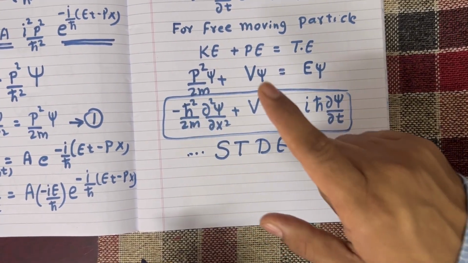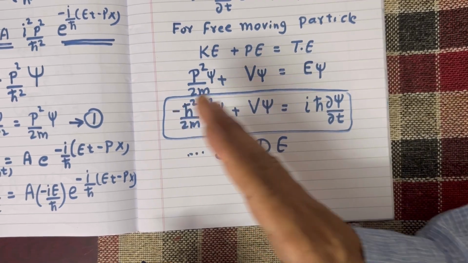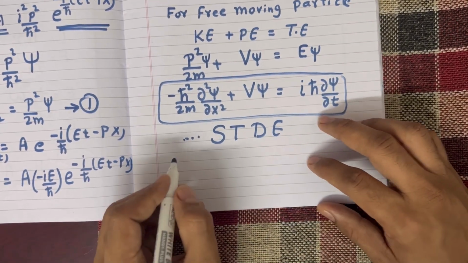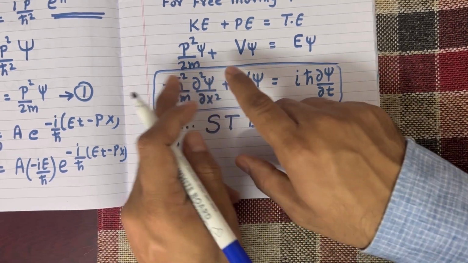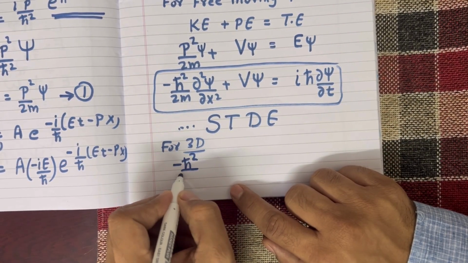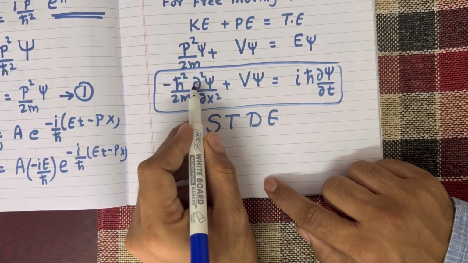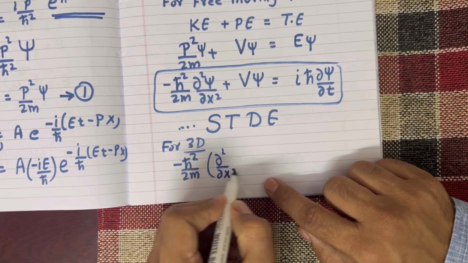This equation is in one dimension because we are assuming the particle is moving along the x direction. Only, it's an equation in one dimension. See, if the particle is moving in 3 dimensions, for that the same equation can come: minus h cross square by 2m, only the del square by del x square changes.